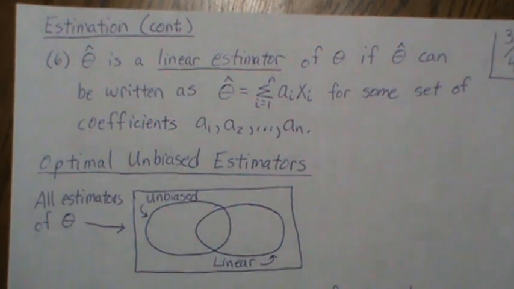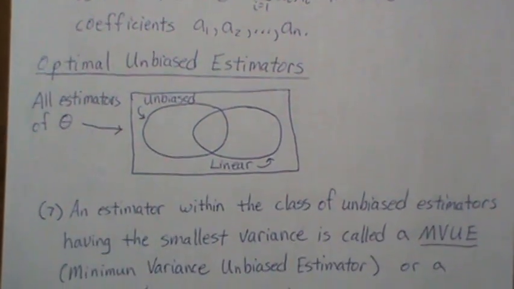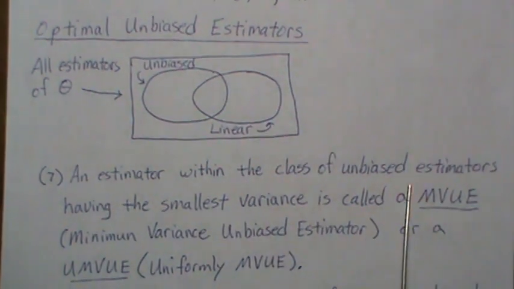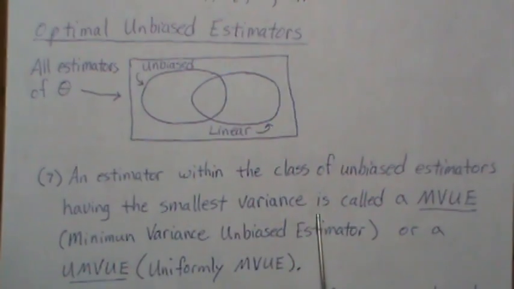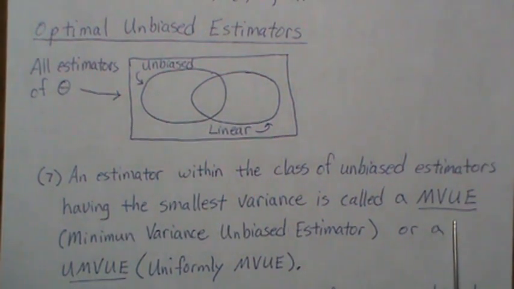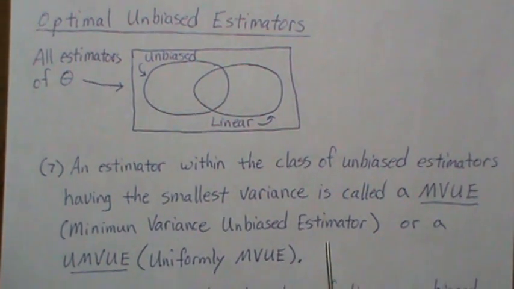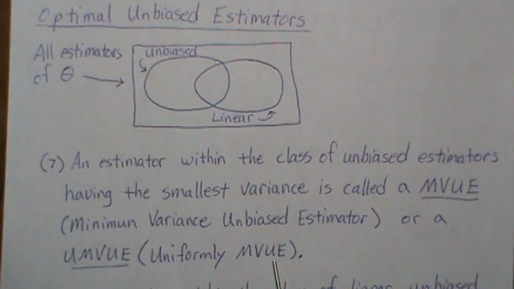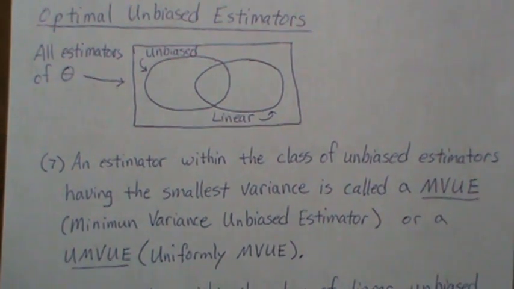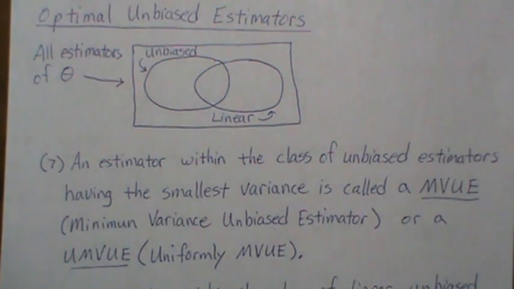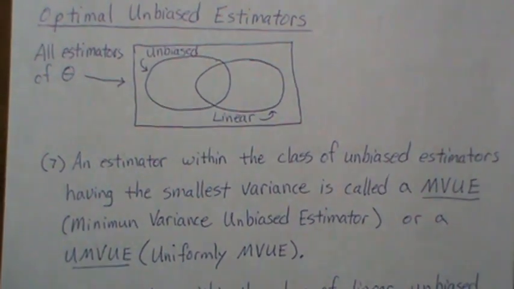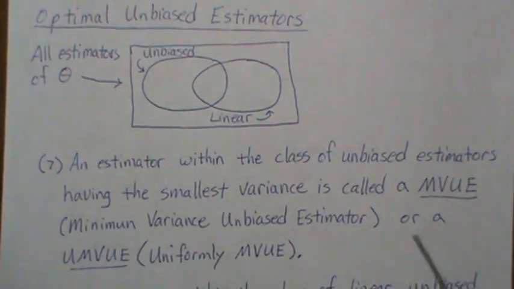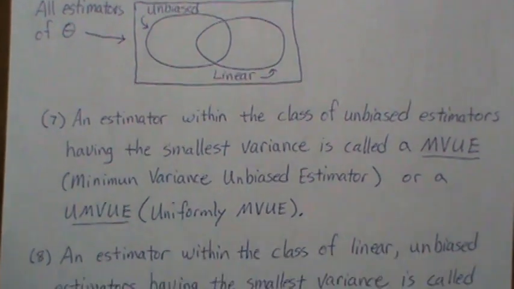On average it doesn't equal our parameter. If an estimator within the class of unbiased estimators has the smallest variance of all other estimators, that's called a MVUE, or minimum variance unbiased estimator, or sometimes a UMVUE, uniformly minimum variance unbiased estimator. And that's a nice property, right? We want something that's unbiased and has the smallest variance of any estimator. So the hunt for these UMVUEs is very important because it's a nice property to have in our estimator.